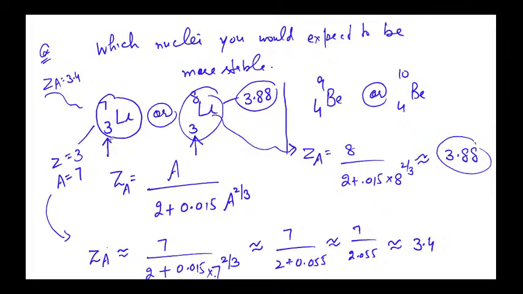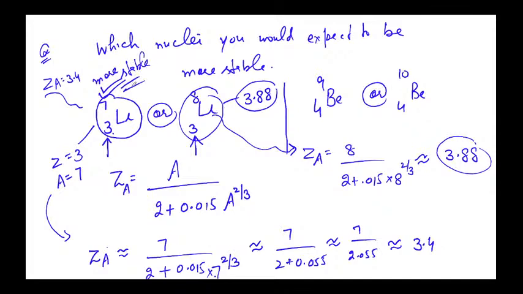Now you can check which is more closer to 3. 3.4 is more closer to 3 as compared to 3.88, which means that 3 lithium 7 is more stable.